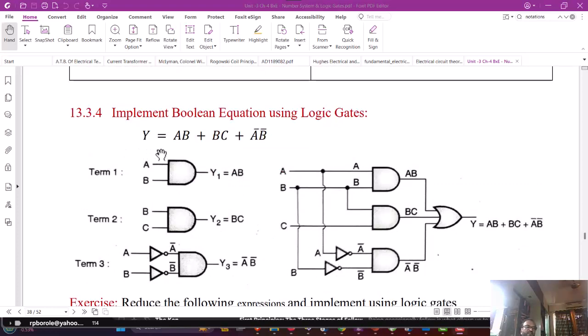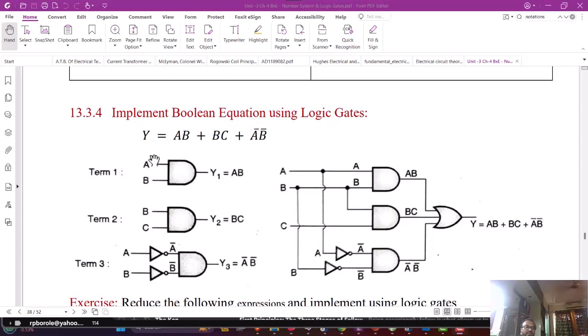Suppose the Boolean expression given is y is equal to a and b, or b and c, or a bar and b bar. Now there are three product terms here and those are ORed. So a 2 input AND gate is required for the first term, a second 2 input AND gate is required for the second term, and a third AND gate is required for the third term.